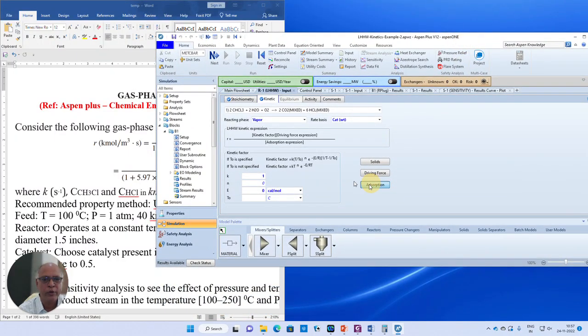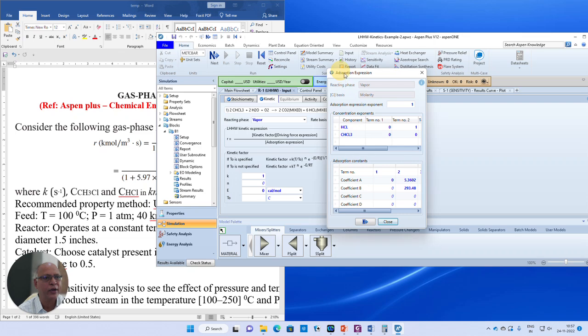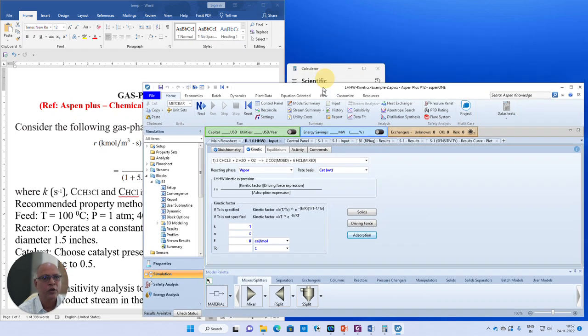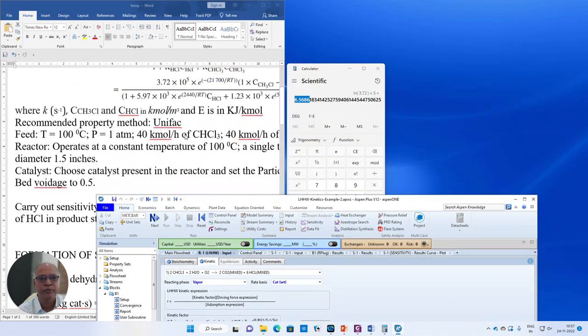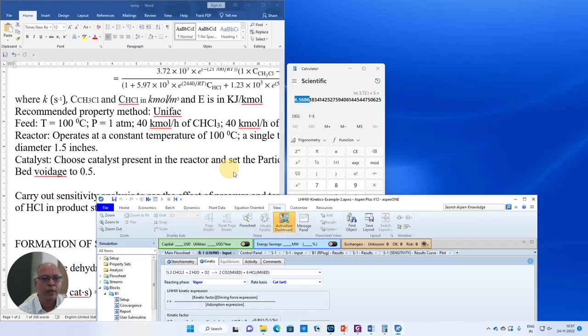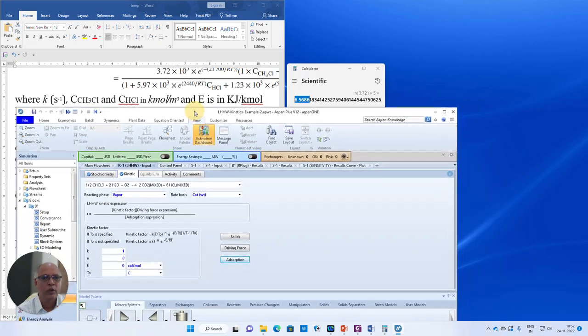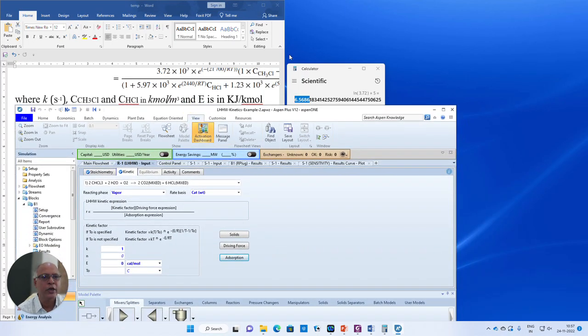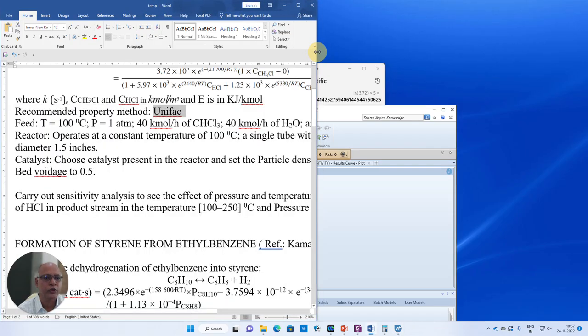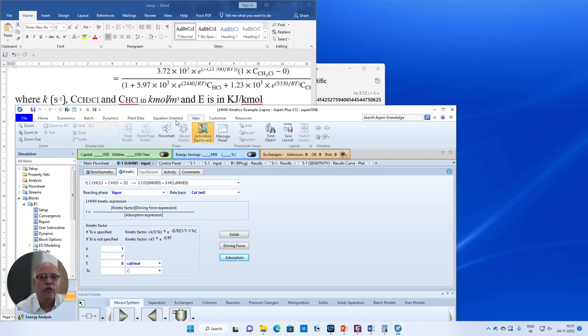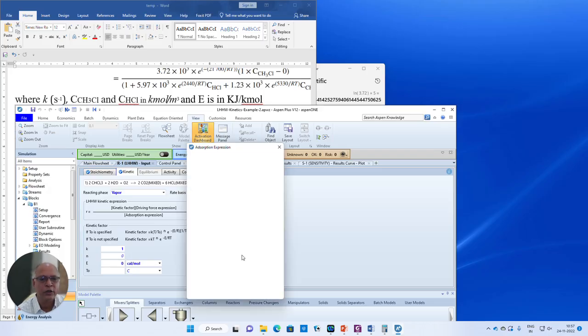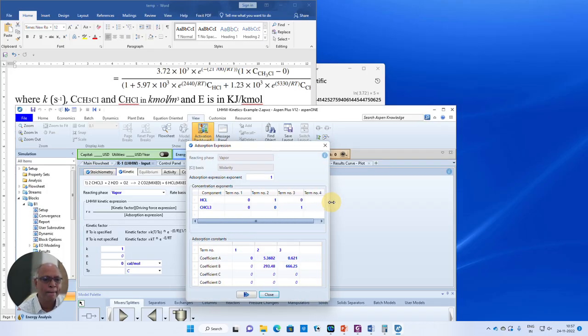Now the second term is 5.97 into 10 power 3, multiplied by e power 2440 by RT. So let us look at that second term.